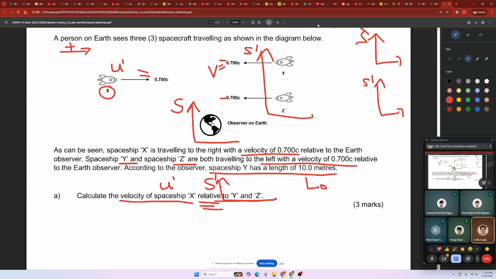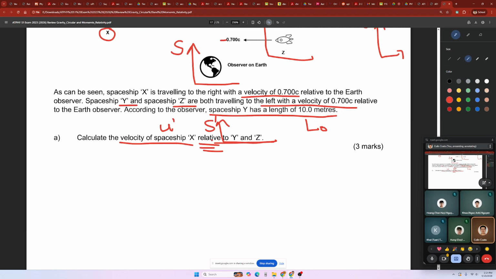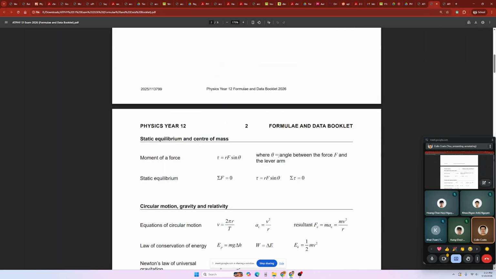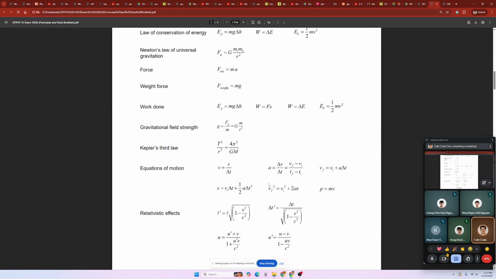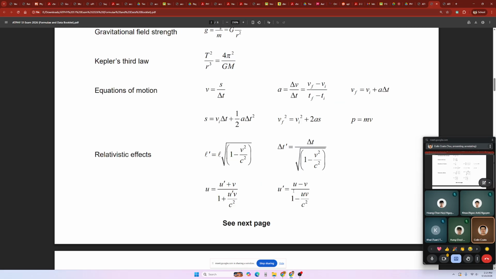Okay, that's important for our equation and how our answer will come out, and lets us know what direction the relative velocity is. So based on this, I'm just going to quickly look at my equations. I already know which one I want to use. I want to find this one, so that's the one I'm going to end up using.